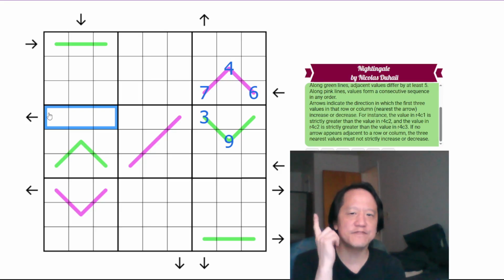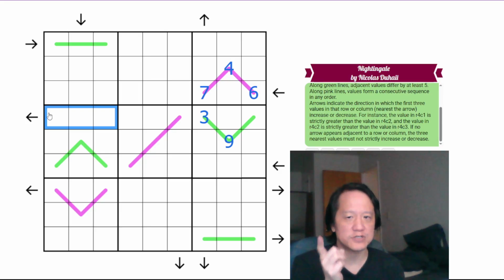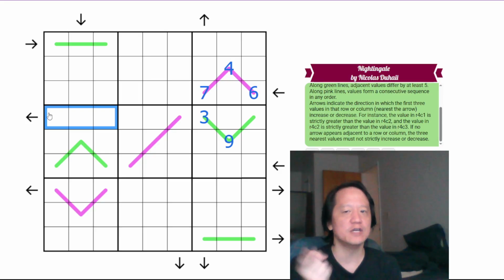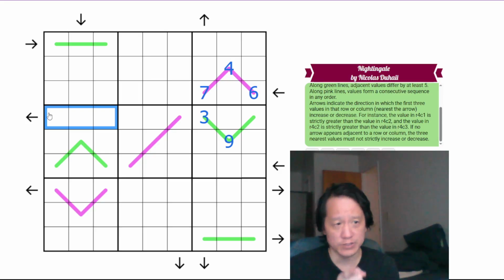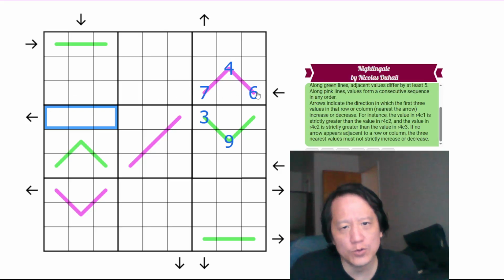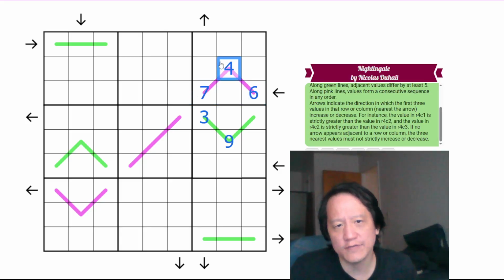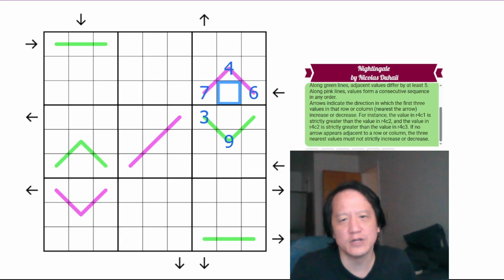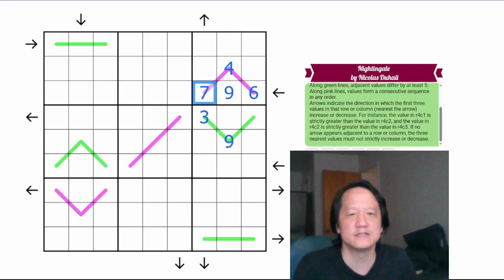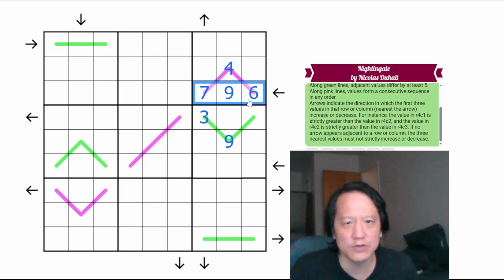And if no arrow appears adjacent to a row or column, the 3 nearest values must not strictly increase or decrease. So that could work here, because it could have 6 and then 9 and then 7. It's not strictly increasing from one cell to the next.